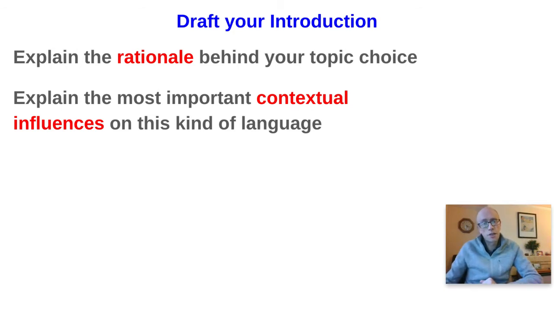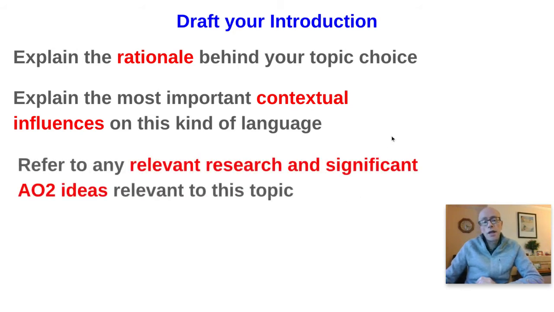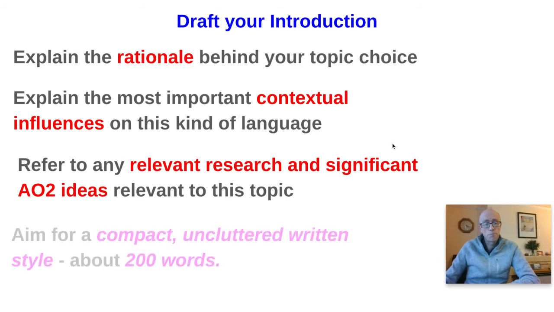So this is the place to do it very early on in your introduction. You then need to be referring to any relevant research and AO2 ideas. This is where your wide reading comes into play. So if you've done some interesting wide reading, you should be able to pick out 2 or 3 theories or concepts that you think are going to play a part in your actual investigation.